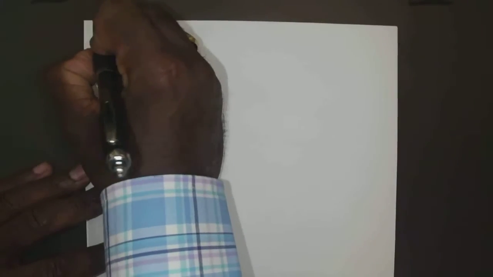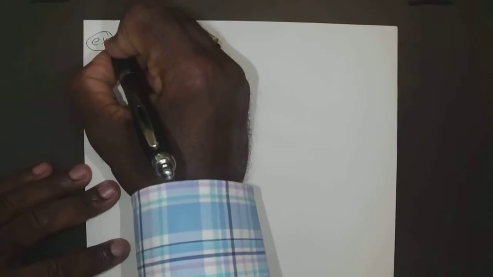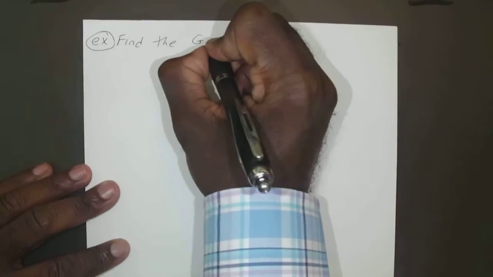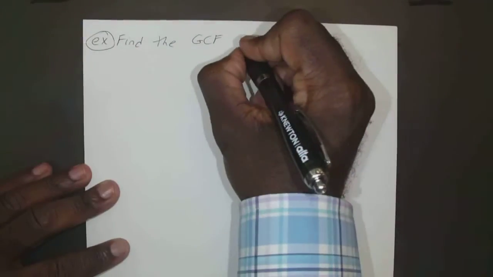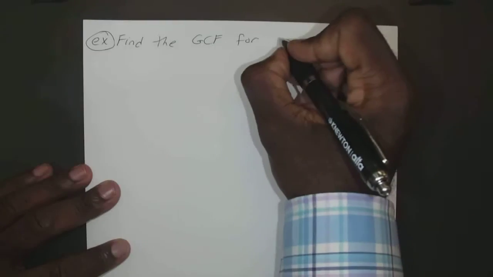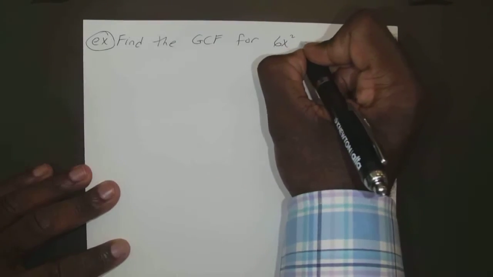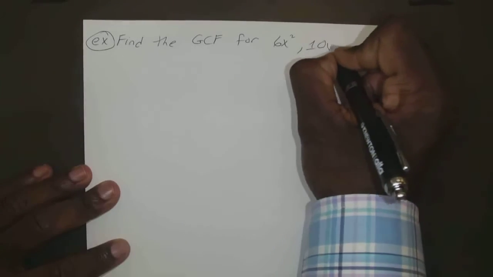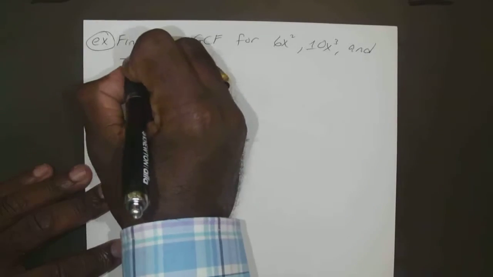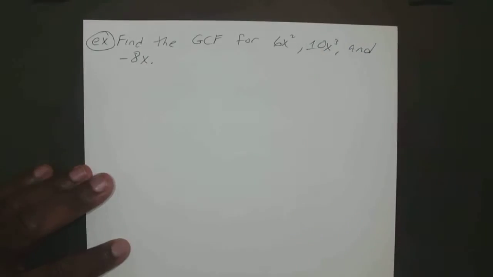Okay, so let's say, for example, you want to find the greatest common factor for 6x squared, 10x to the third, and negative 8x.